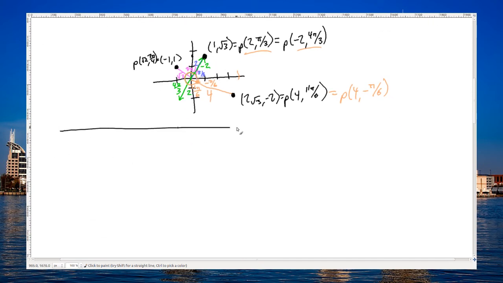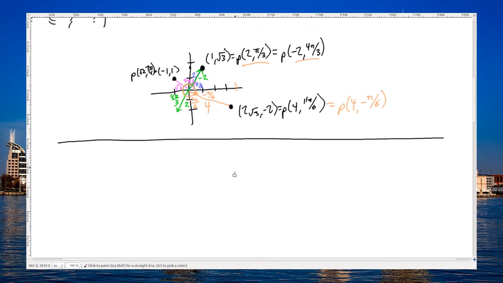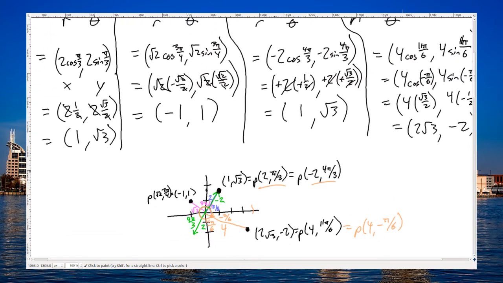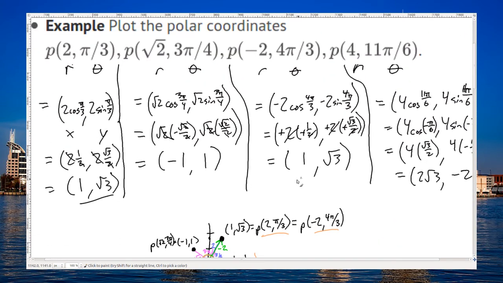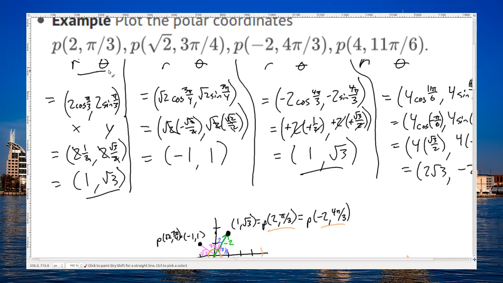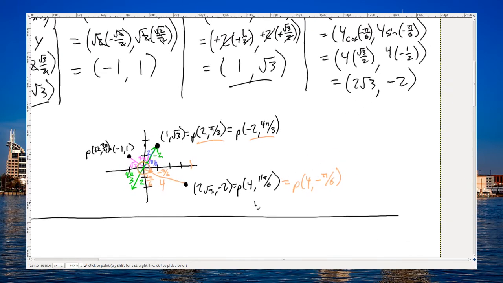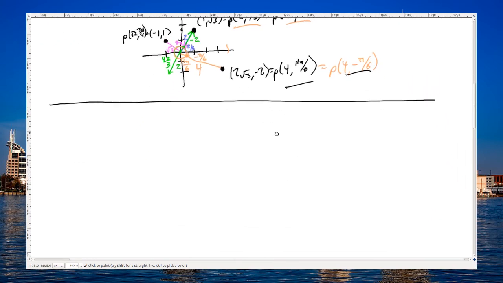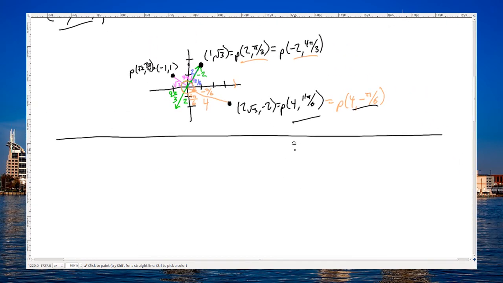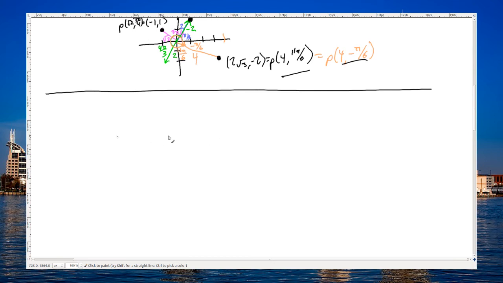I want to also mention how do we know when our polar coordinates are going to overlap? How do we know we're going to get the same Cartesian coordinate, the actual same location, from different polar coordinates, as we did in these cases? It's a very easy way to figure this out.